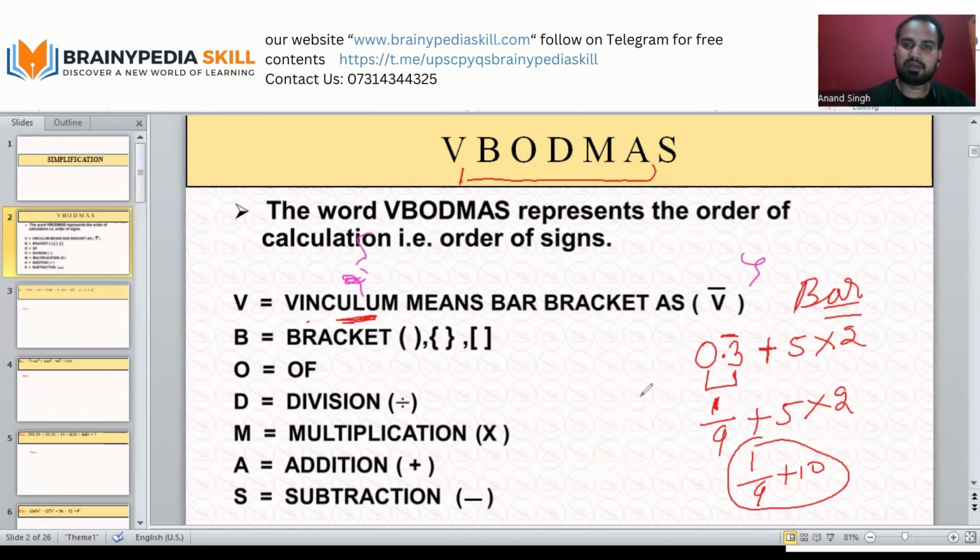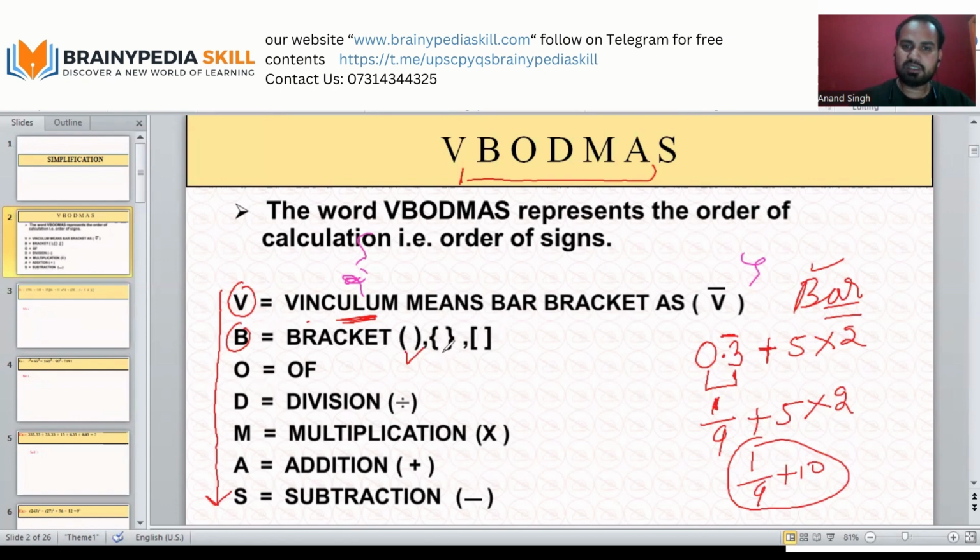Whenever there is a bar above a number, our first priority is to solve the bar part, then we come to the later part, right? This BODMAS is going to tell you the sequence of calculation, right? First, we have to solve the vinculum, the bar part, which I have already told you. Then we have to solve the brackets, so we have the order of brackets.